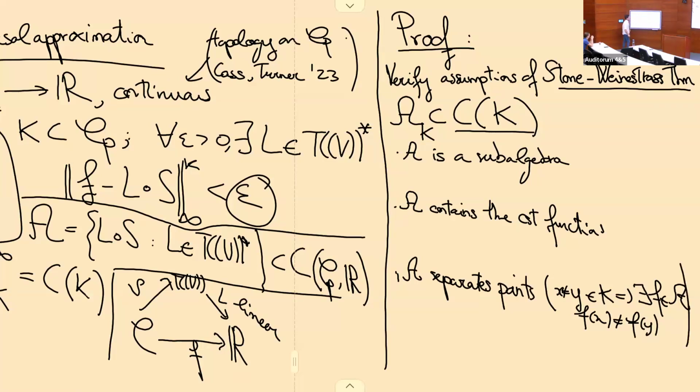So if the subalgebra of functionals that you have in mind satisfies these three assumptions, then the Stone-Weierstrass theorem tells you what we need: A_K, the closure in L infinity, is equal to C(K).